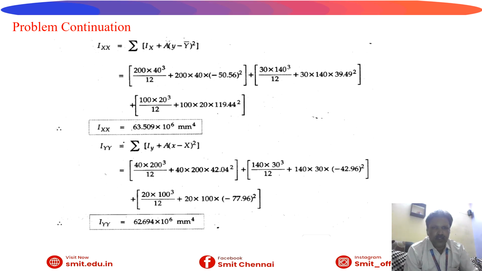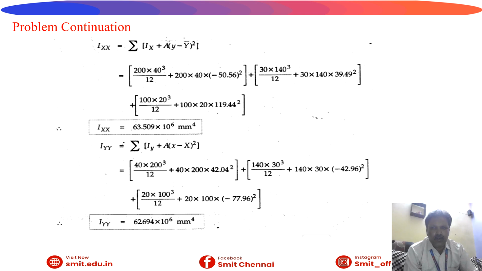Apart from this, now we are going to the moment of inertia. Now how to find moment of inertia? Ix = summation of Ix plus A (y minus y bar) the whole square.